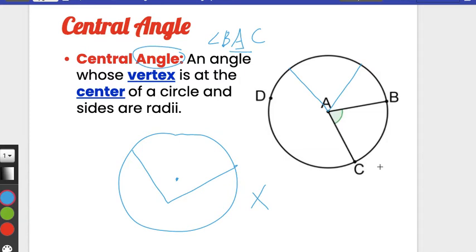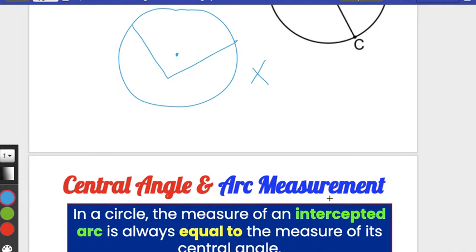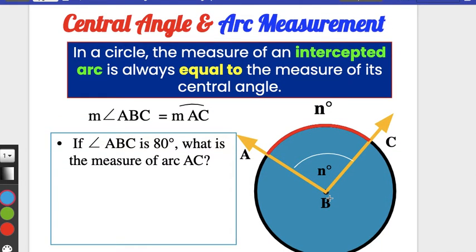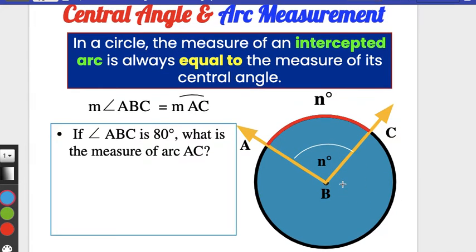Okay, next, since we talk about the central angle, how do we know its measurement? What's the relation for this measurement? A central angle has a very special relation with the measurement of its arc. When we have a central angle, the two endpoints of these two radii enclose a smaller piece of the arc, and this is called the intercepted arc.